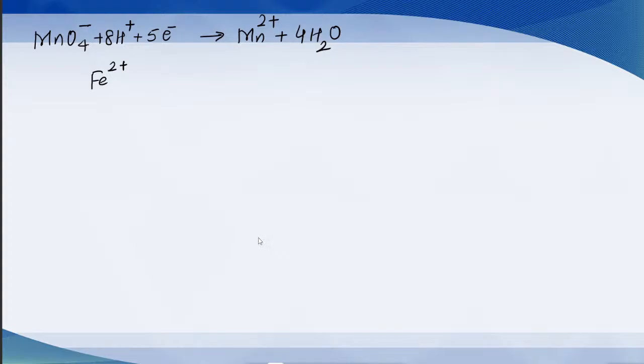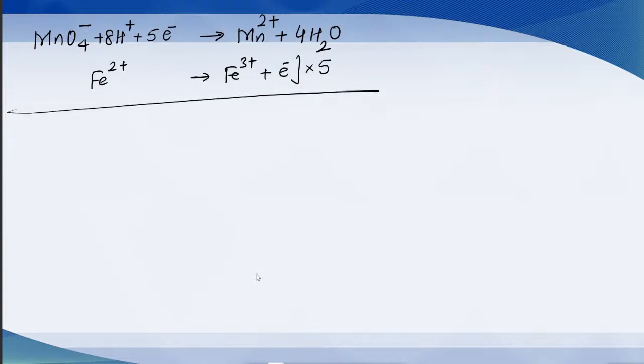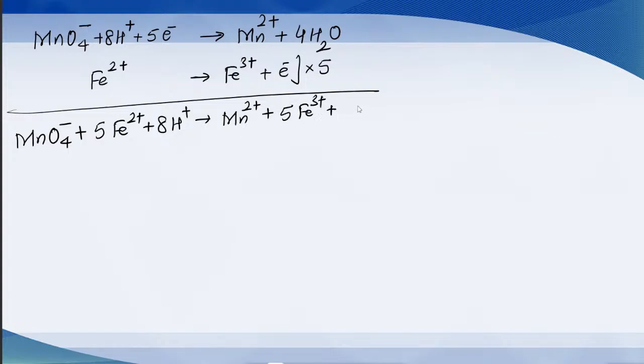Then Fe2 plus. In ferrous sulfate, the ion which is oxidized is Fe2 plus. So Fe2 plus is oxidized to Fe3 plus and loses 1 electron. So it is multiplied by 5 to balance the number of electrons gained and lost. So it is MnO4 negative plus 5 Fe2 plus 8 H plus to give Mn2 plus 5 Fe3 plus 4 H2O.